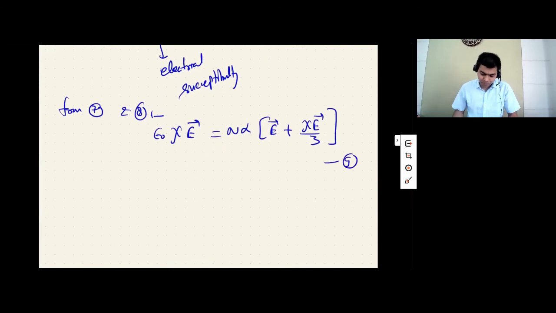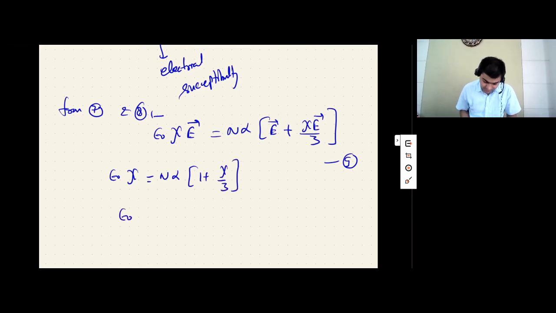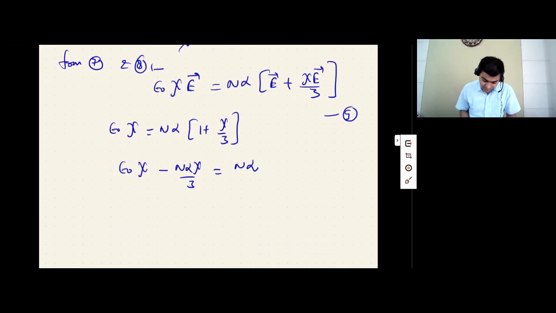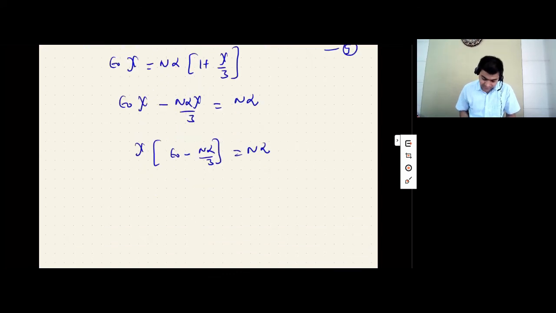If I rearrange equation 9 a little bit, I get epsilon 0 chi is equal to N alpha (1 plus chi by 3), which means epsilon 0 chi minus N alpha chi by 3 is equal to N alpha. Taking chi common, (epsilon 0 minus N alpha by 3) chi is equal to N alpha, so chi equals 3 N alpha over (3 epsilon naught minus N alpha).